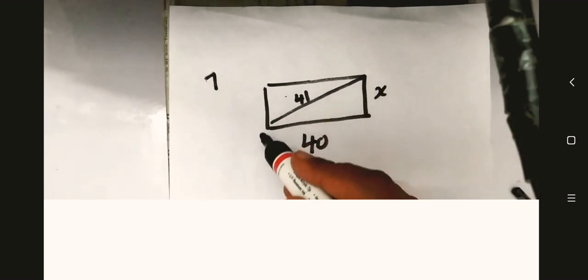Now you don't know this, right? So what is the perimeter? Perimeter is equal to 2 into length plus breadth. So here suppose we consider this as x. Right, now what is the situation? You have two triangles, this triangle and this triangle, right? So if we just solve this triangle and find the value of x, we can easily find the perimeter, right?